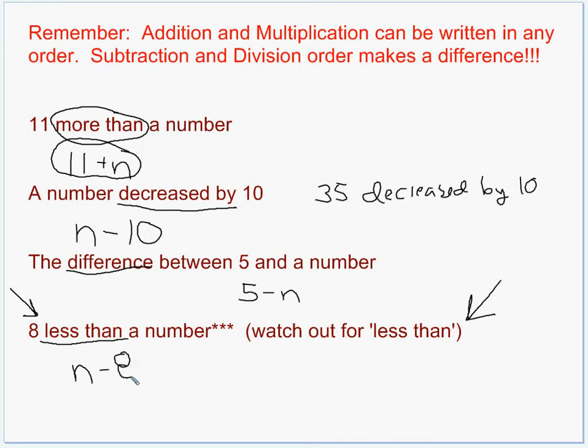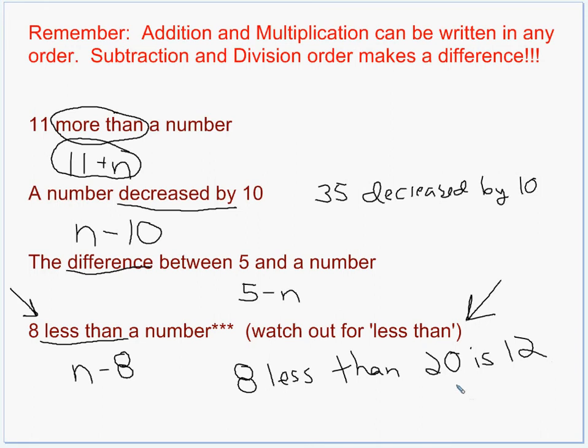Now, I know a lot of you are probably sitting there going, what? That doesn't make any sense. Well, let's think about it like I said up here. Let's throw a number in. If I say, you know what, 8 less than 20. Well, let's think about this. 8 less than 20. What is 8 less than 20? I'll go ahead and write that down too. 8 less than 20 is 12, right?